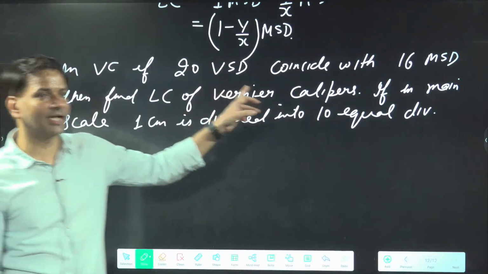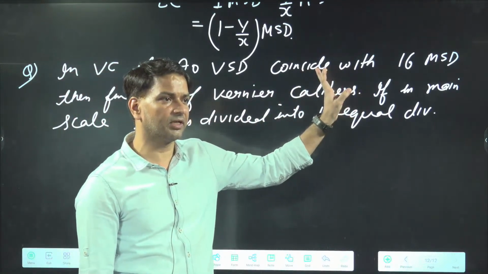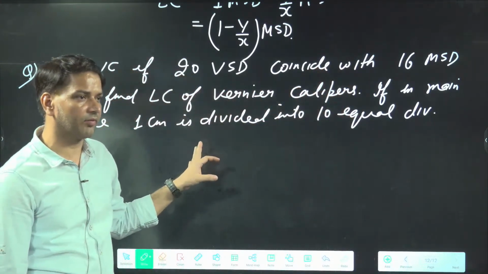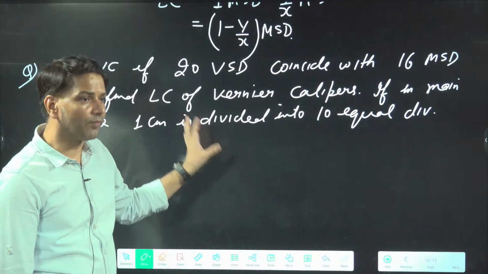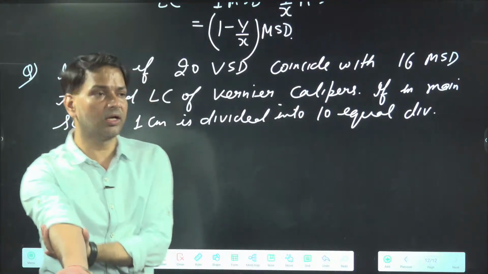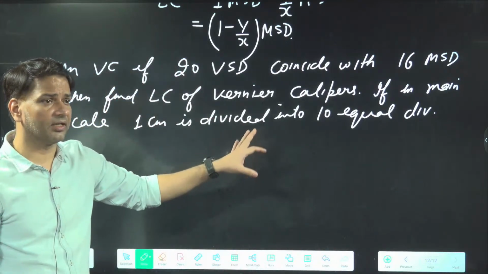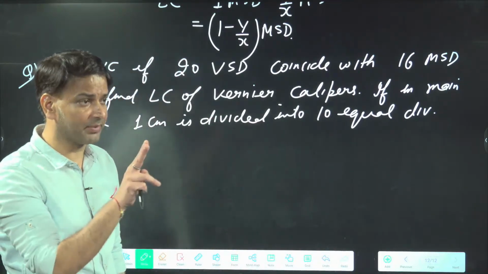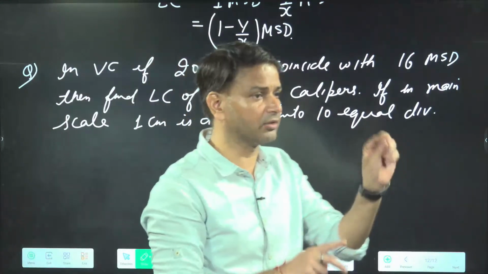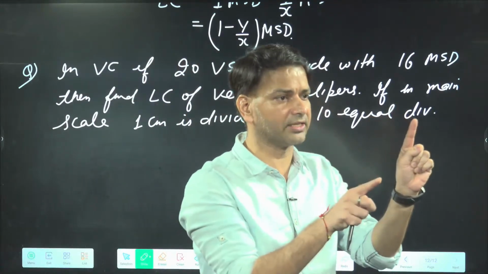scale divisions coincide with 16 main scale divisions, and for the main scale they have given data for the MSD. What? 1 centimeter is divided into 10 equal divisions. Okay, so 1 MSD is one of the 10 equal divisions. So 1 centimeter they are saying is divided into 10 parts. So one part will be what? 1 by 10 centimeter.